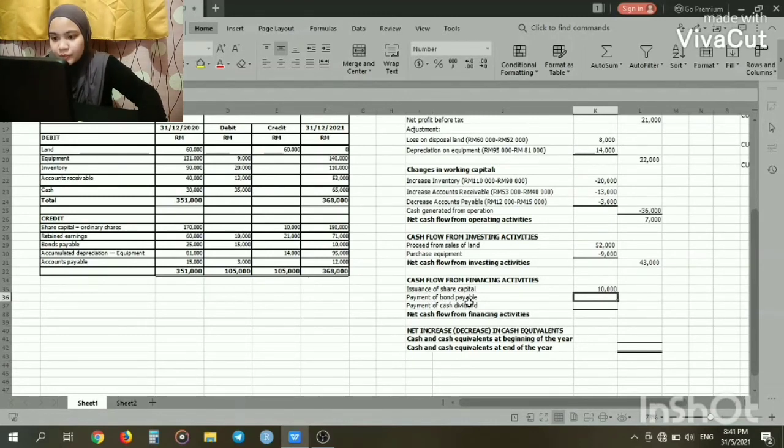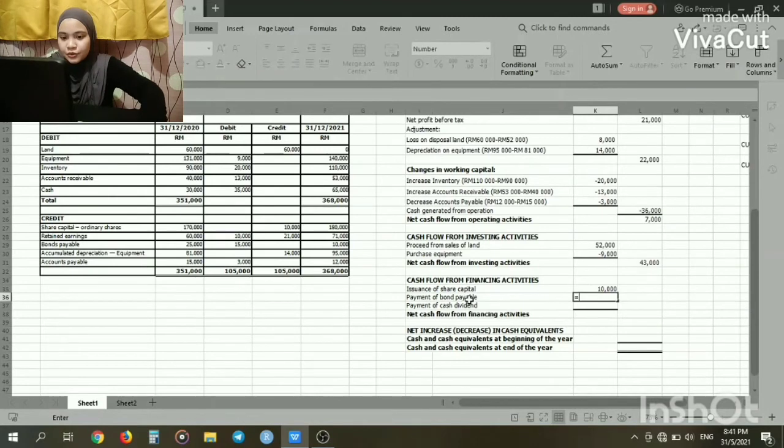For payment of bonds payable, we need to put it negative for payment.